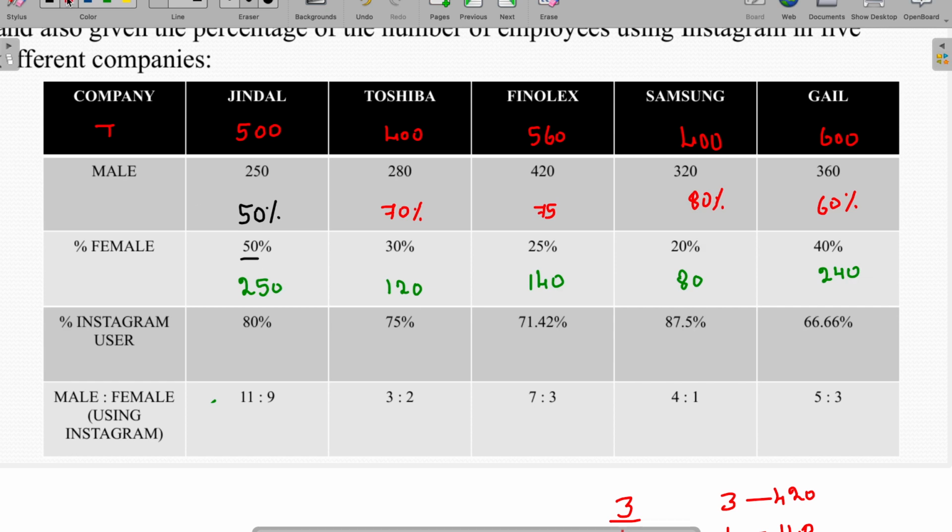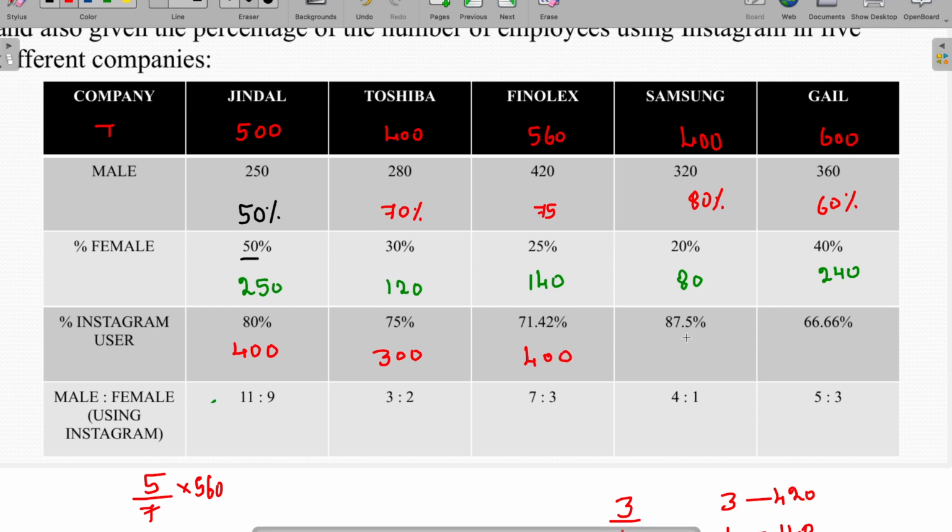Also I can find the total number of Instagram users out of the total: 80 percent of 500 is 400 members. Then 300 members total users. 71.42 percent is 5 by 7 into 560, which is 400.